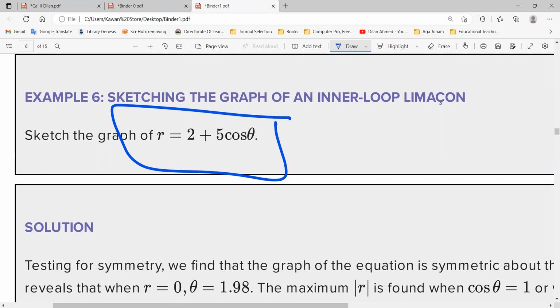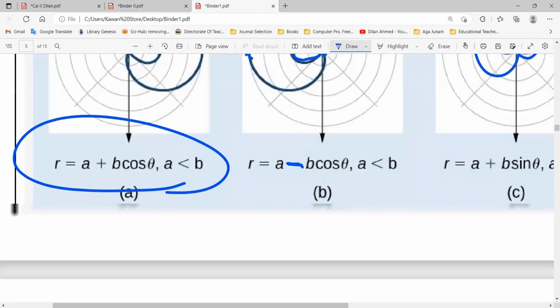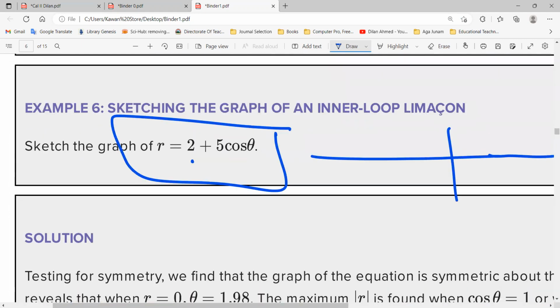Just tell me about the point. That's positive. Yes, to the right side. Okay. So I have what? Here's the shape. I have 2 plus 5. So equal to what here? How about here? 2.